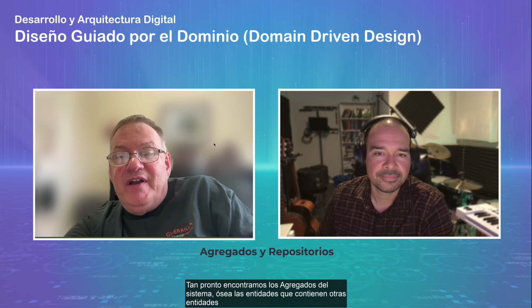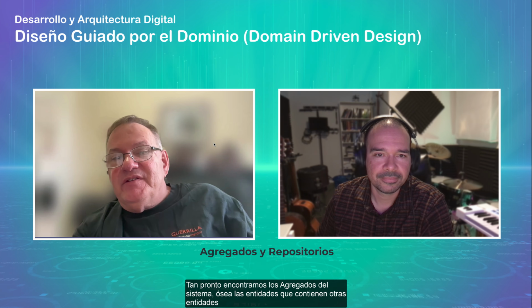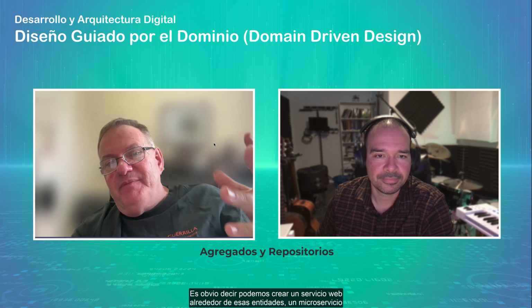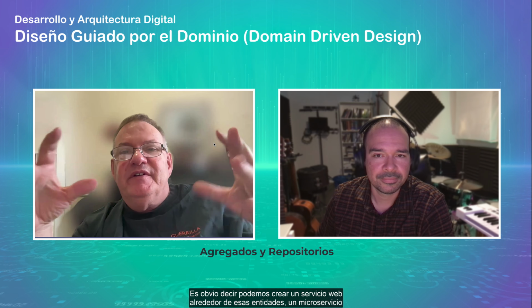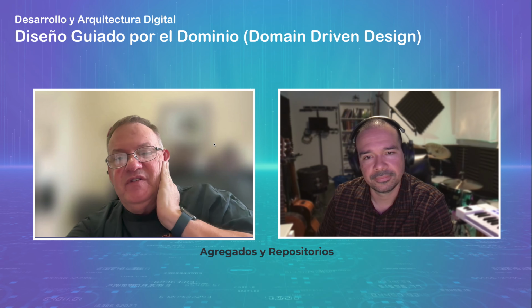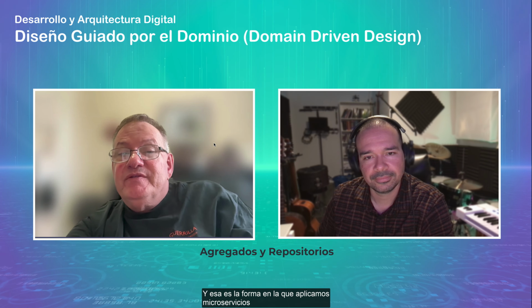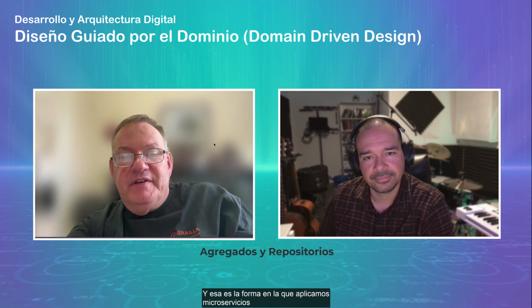So as soon as you identify the aggregates in your system, the entities that can contain other entities, then it becomes logical to say, okay, we can create a web service around those entities, right? A microservice, and that's usually the sweet spot when it comes to how you scope your microservices.